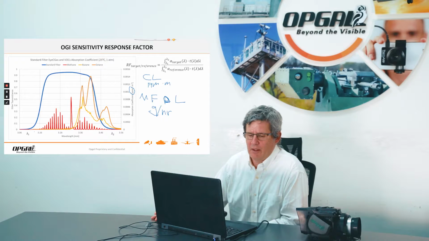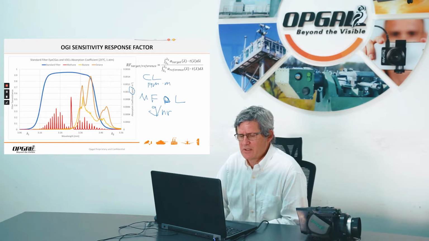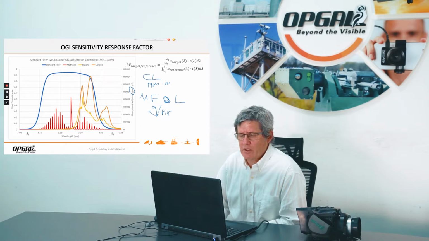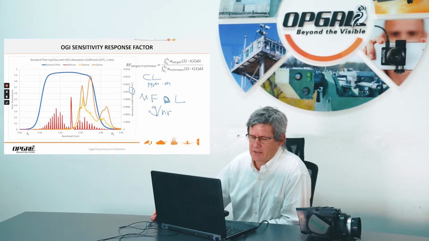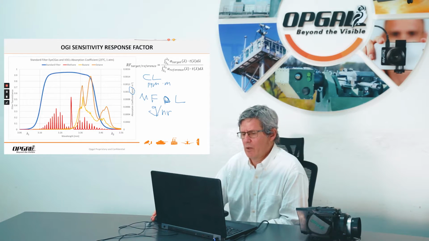Looking at the MWIR camera's typical standard filter that can detect all of these VOCs, volatile organic compounds, we can see that they sit in different places. The methane, for example, is sitting in the middle of the filter, whereas butane, the yellow one, and octane, the orange one, sit on the long-wave side of that filter.